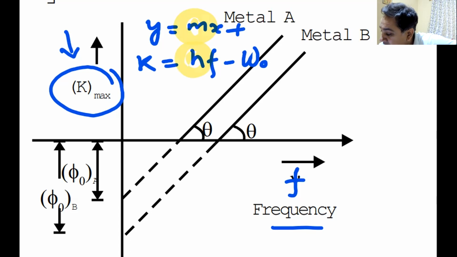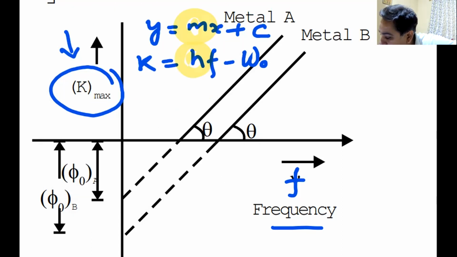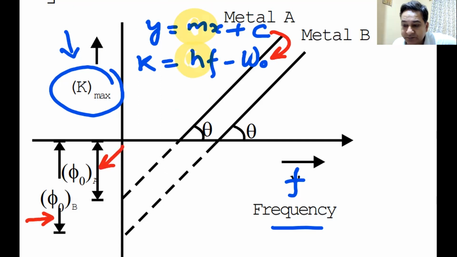Anyways, doesn't matter. So if I look at this C, I'll just use a different color pen. This C corresponds to your minus W naught. Yes or no? That means when x is 0, y will be negative, and that is the work function that is plotted here. Do you get my point, bacha?